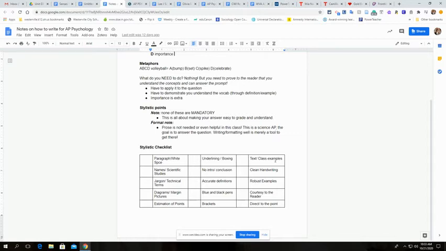I try to do more of the example type stuff for you and not as much of the basic info because that's already been annotated. Making sure we write cleanly if we're handwriting it. Robust examples just means you're giving really full, detailed examples of how those terms or phenomena are applied. Courtesy to the reader is it well organized, simplistic, easy to find things, and then directing to the point. We're not just wandering around and adding a bunch of information we don't need to.